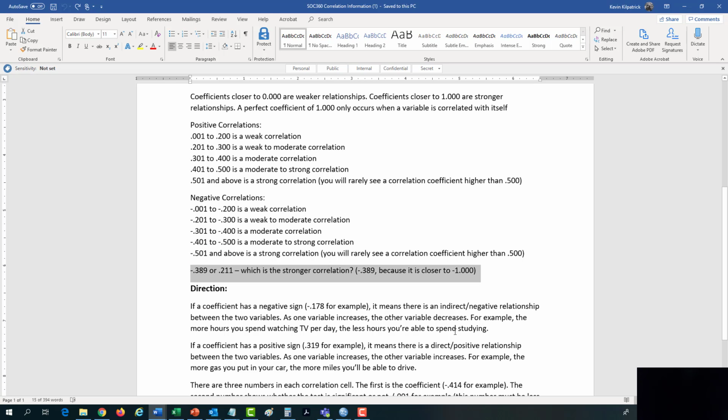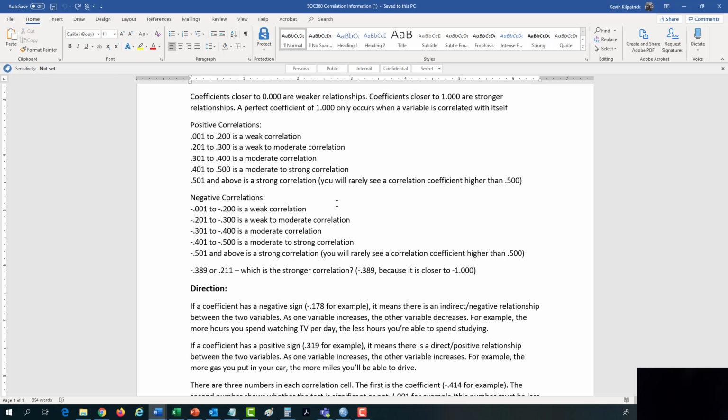This is something that's important, right? Negative 0.389 or positive 0.211, which is the stronger correlation? The answer is negative 0.389 because it is closer to -1. It doesn't matter whether it's negative or positive.